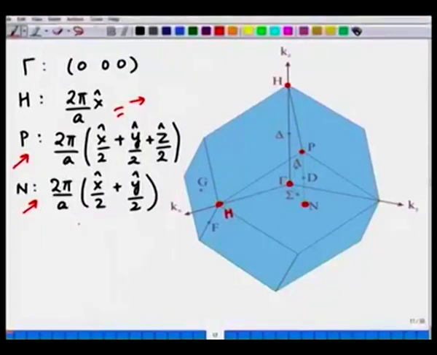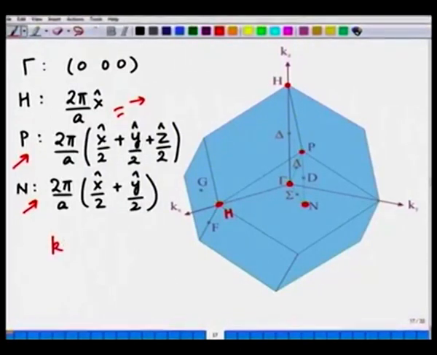Now again, for this structure also we can do the same exercise. We go in various directions, from gamma to H, H to P, P to N, and some place back to gamma, and write down the k prime vector.